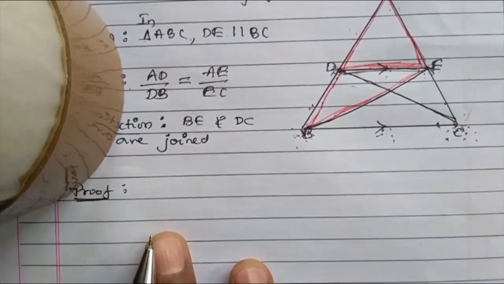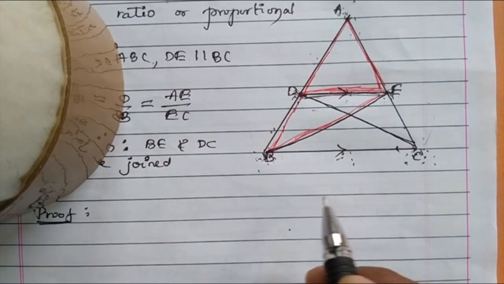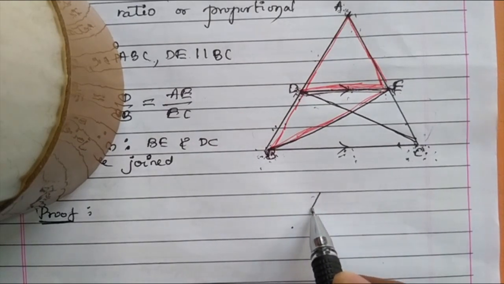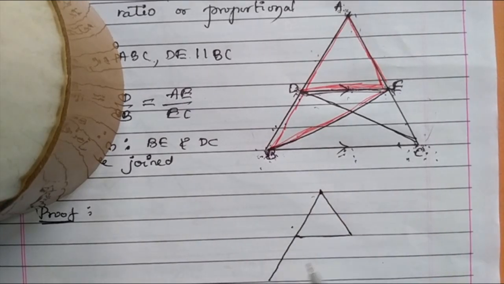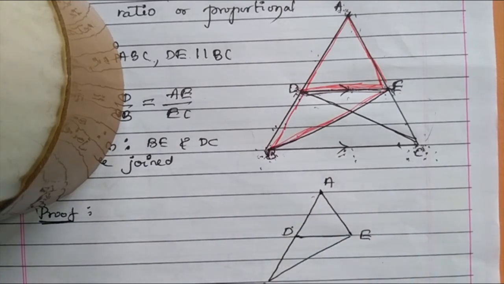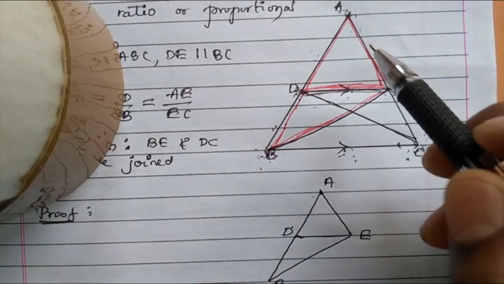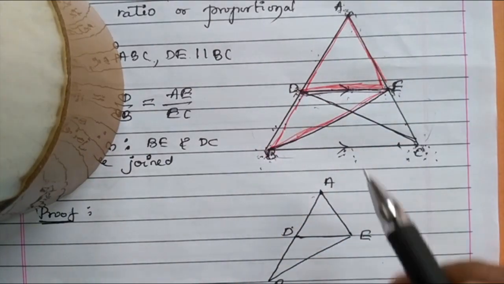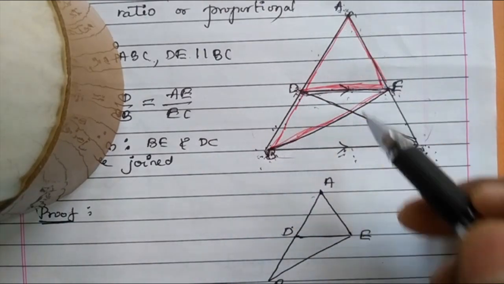Let me repeat once again. Look at this part, which I separated from the main diagram: ABE, ADE. This part, which is traced by the reading pen, is the separated diagram.